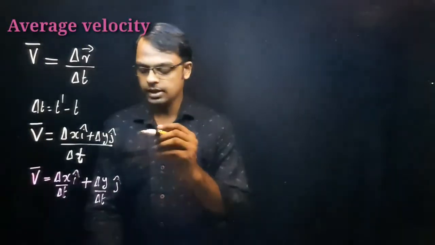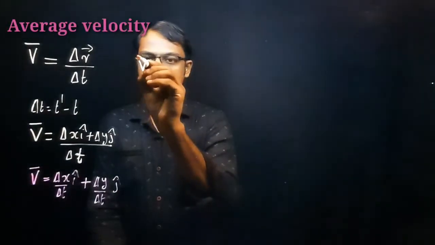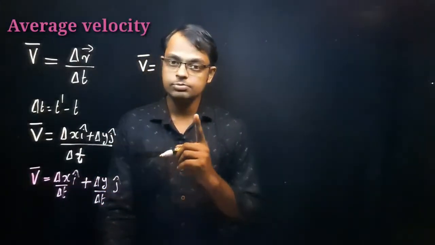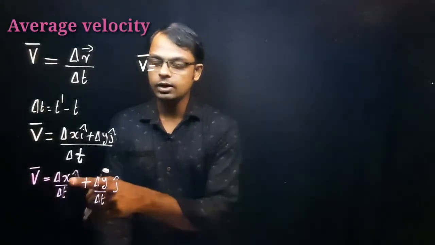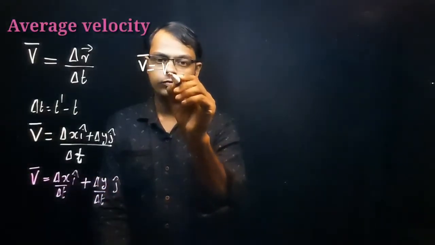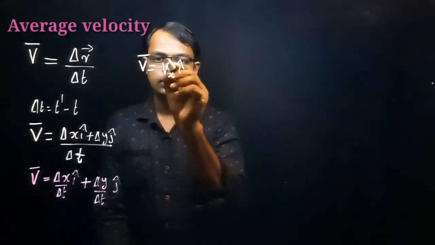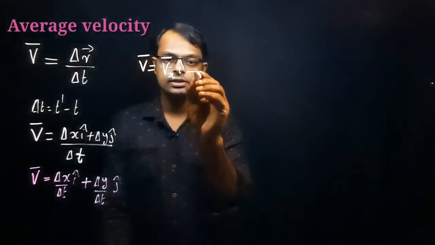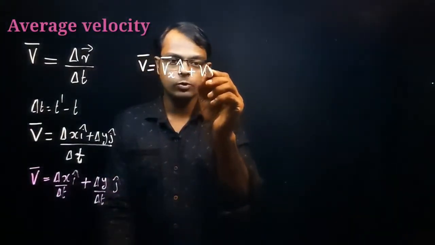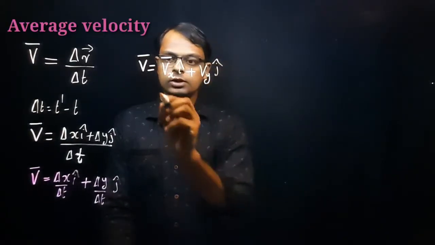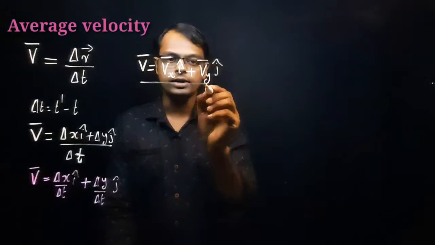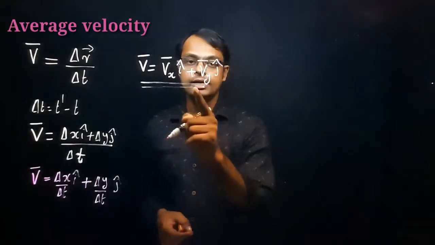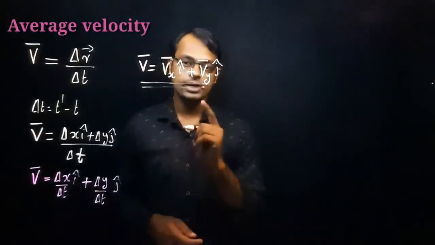Delta x by delta t, that is displacement divided by time, is velocity, but along which axis? X axis. So we can write Vx into i cap, plus delta y by delta t, we can write Vy j cap. So this is the way to represent average velocity in terms of rectangular components.